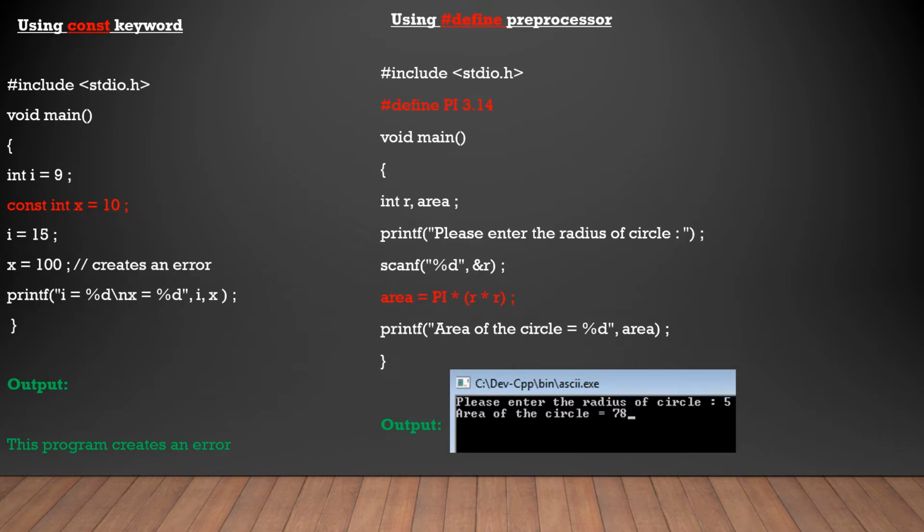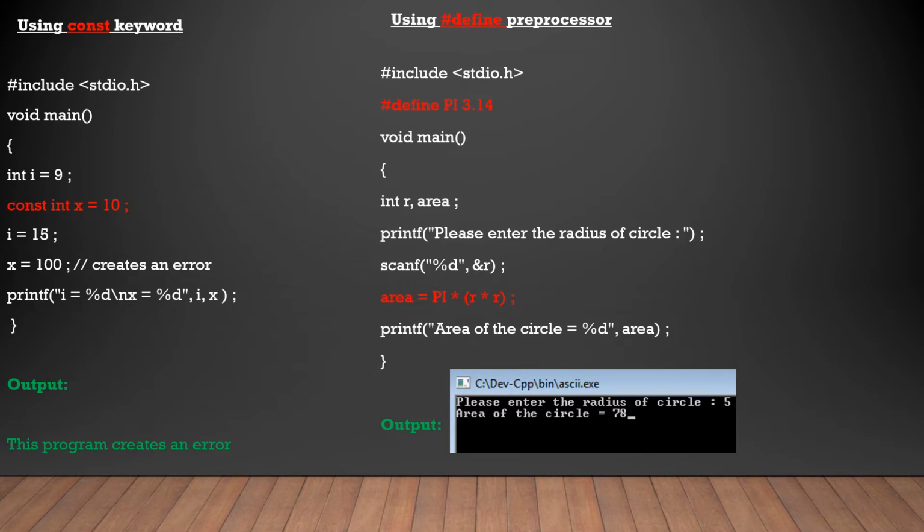Next, we have printf i equal to %d and x is equal to %d, i comma x, to print the values of i and x. Now the compiler will create an error. You declared i as 9 and then set i as 15, so when the compiler executes this instruction, the i value gets changed to 15.